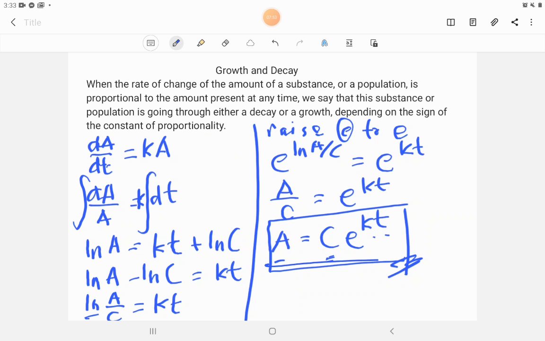So this is the general solution, and our task is to first find c, the arbitrary constant, and the k.